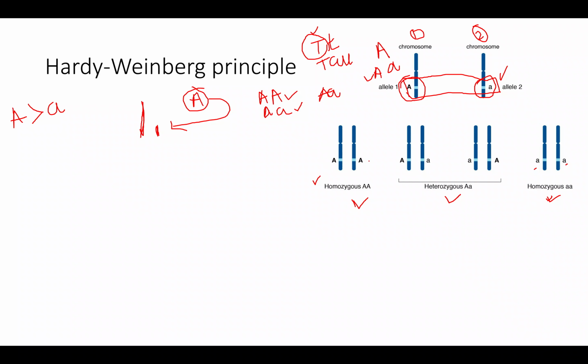Everyone is clear what is allele and what is homozygous and what is heterozygous condition? Anyone? You can put in the chat box also. This is important to understand Hardy-Weinberg principle.